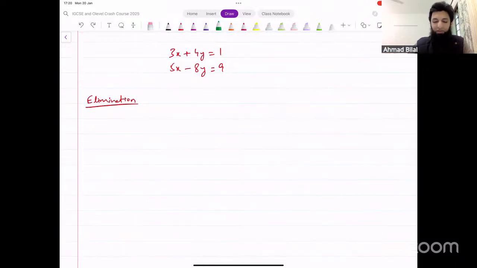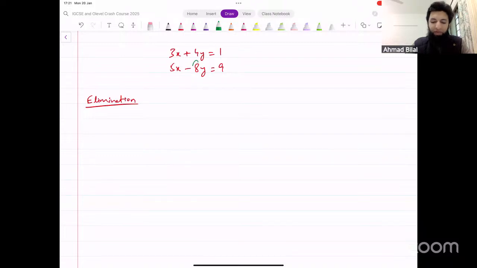This is what we think of in our head: can we multiply one of these two equations with some number so that the coefficients of x become the same in both of them, or the coefficients of y become the same in both of them? Plus or minus does not make any difference, but the numbers should be the same.